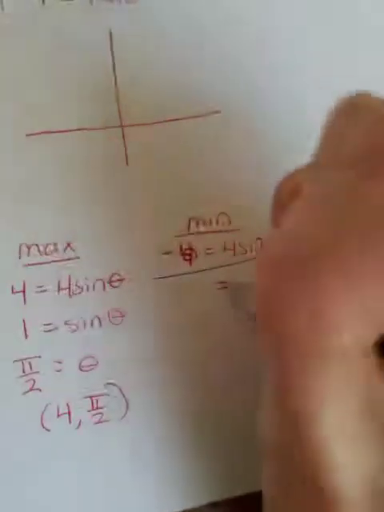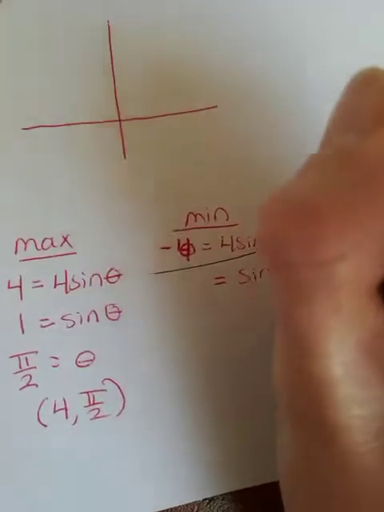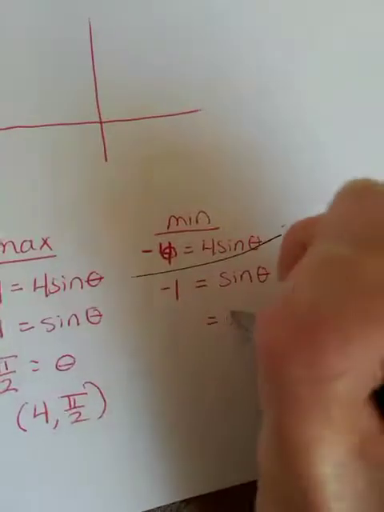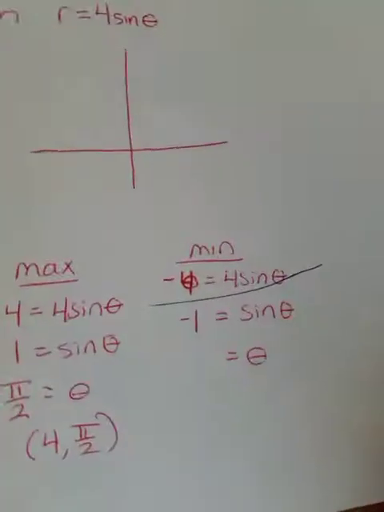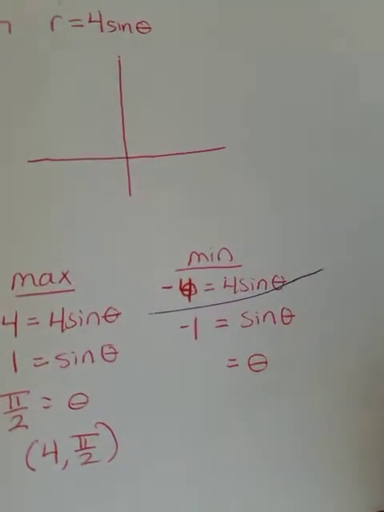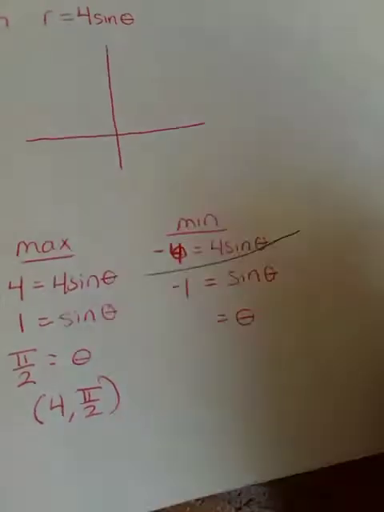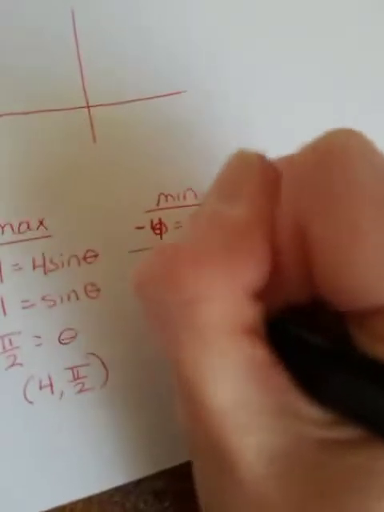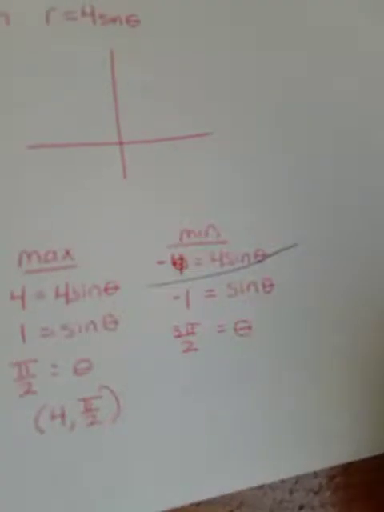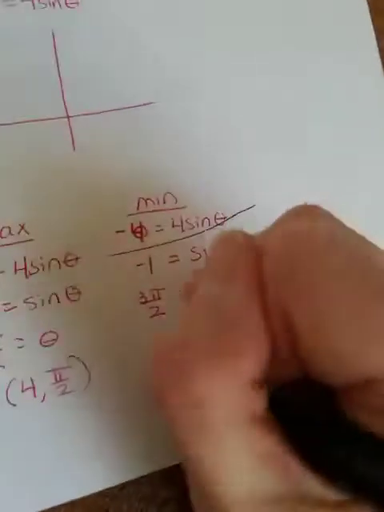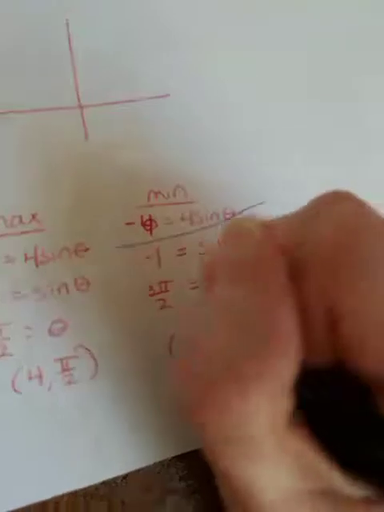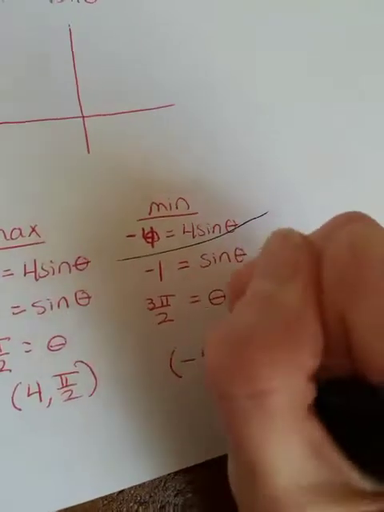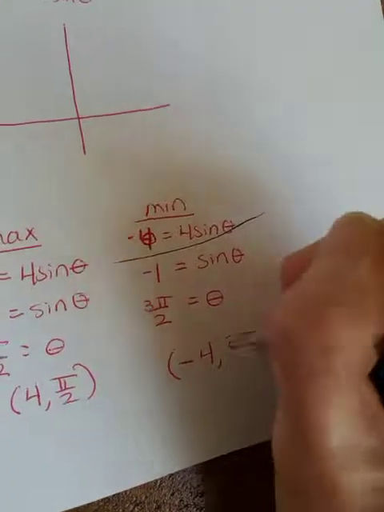Whoops, no problem. If I divide both sides by 4, I'm going to get sine of theta equals -1. So I'm looking for what angle gives me a sine of -1, and I hope you're going to tell me 3 pi over 2. So what was my r in this case? -4, and my theta is 3 pi over 2.